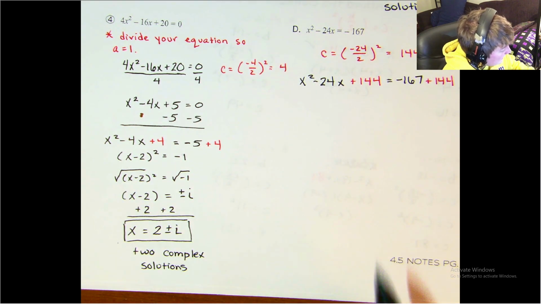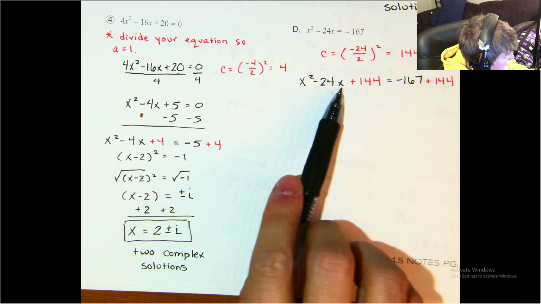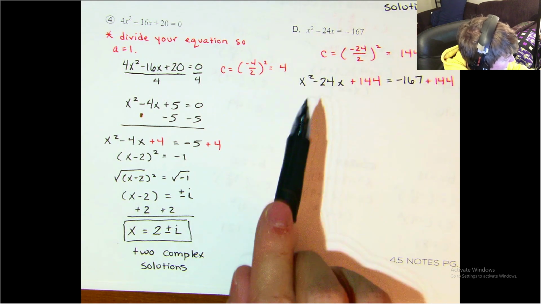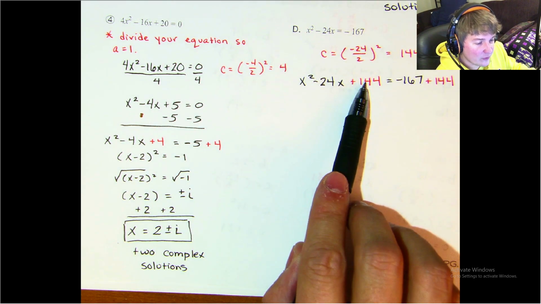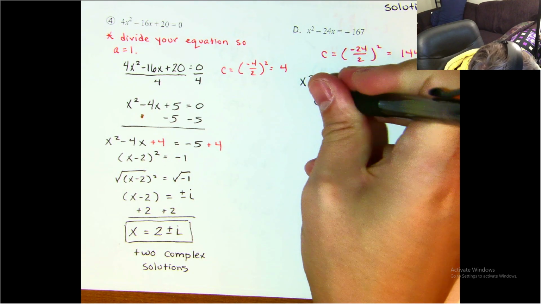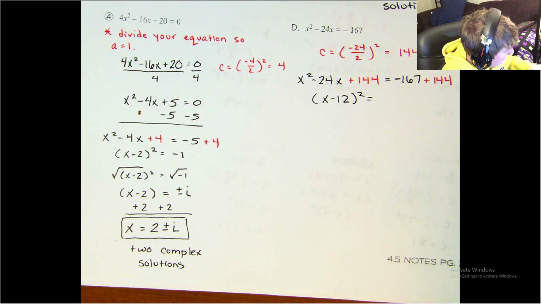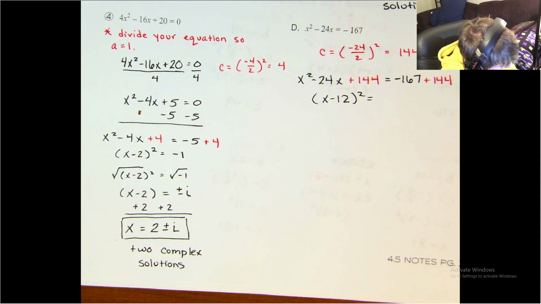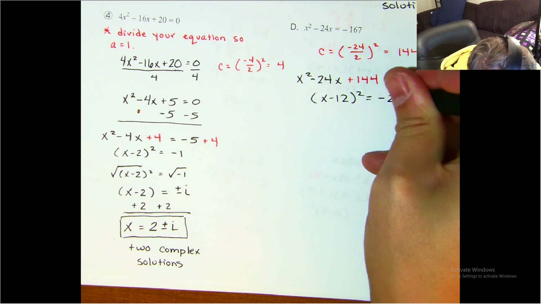Okay, so then again, b divided by 2 is negative 12. So we know that this is going to factor into x minus 12 times x minus 12. Or, again, multiplies to 144, adds to negative 24 is negative 12 and negative 12. And then negative 167 plus 144 is negative 23.